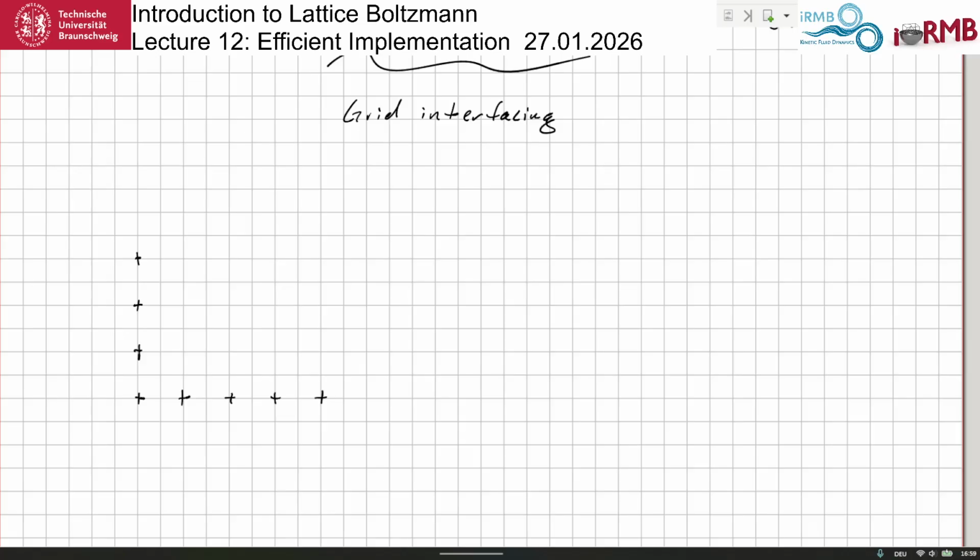Because we are using this pull algorithm, we decided to have our array one grid layer larger, so that these outer cells are not in use. We just forget them, but they are part of the data.